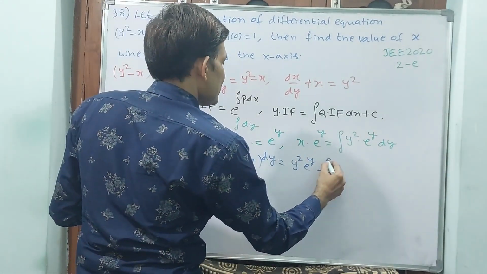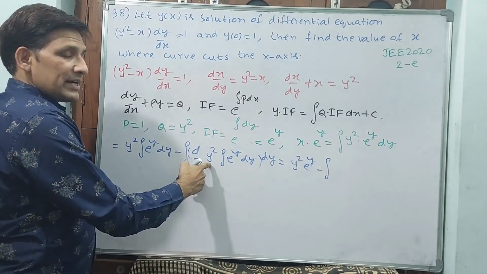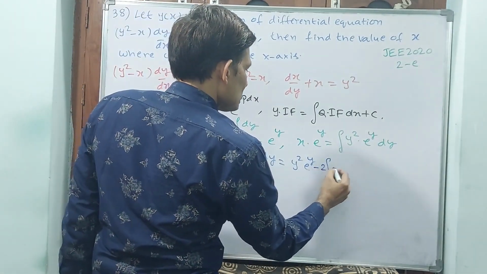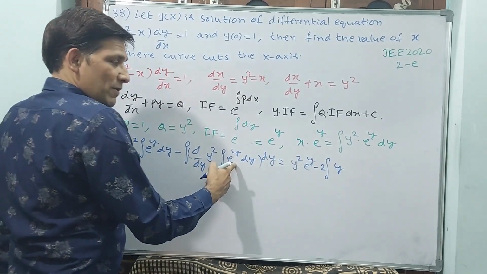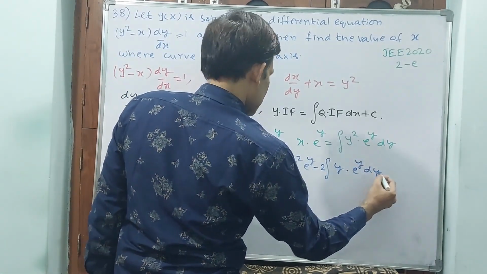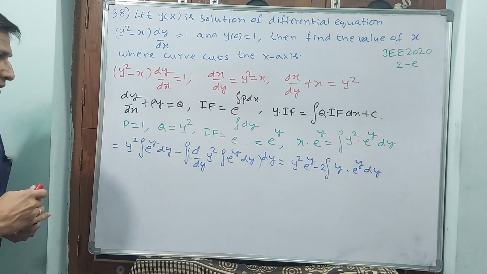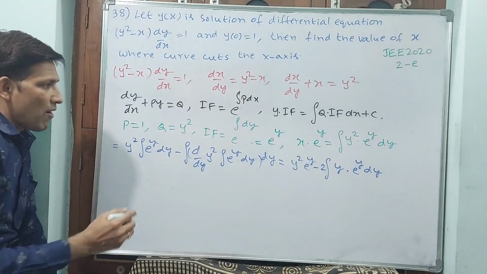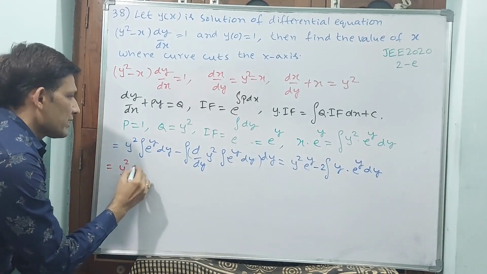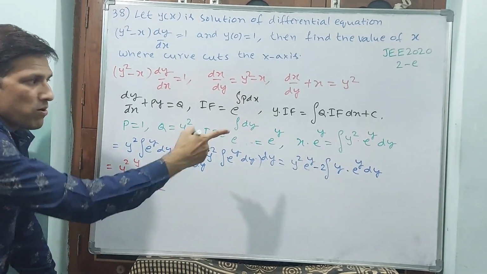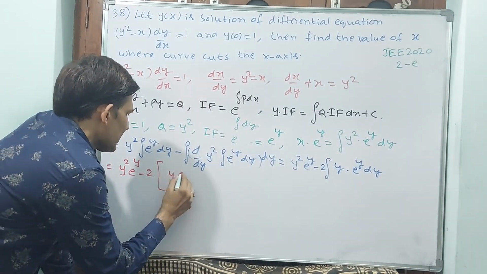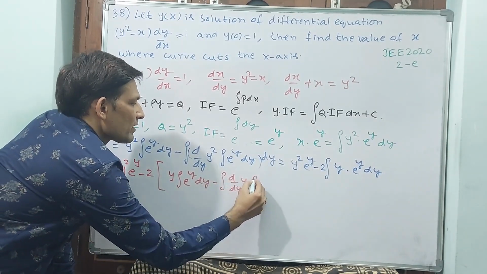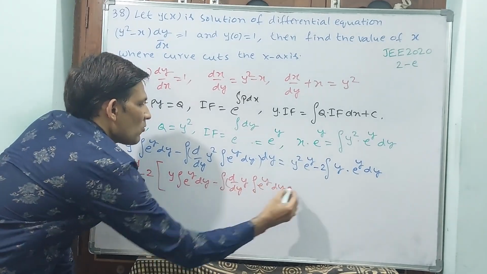Minus integral. See, y square, what are we going to get? 2y. 2y will be taken outside, so 2y e power y dy. Again you have to use the u into v formula. Next time y is going to become 1. So y square e power y minus 2 into integral u into v: y integral e power y dy minus integral d by dy of y integral e power y dy, whole dy.